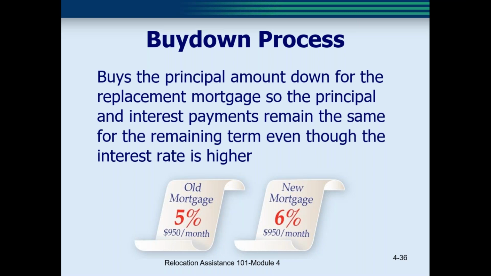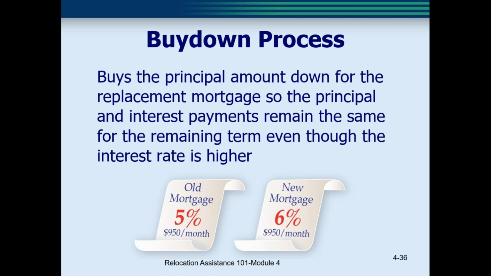In other words, to make it a little simpler, the increased interest payment is the amount needed to reduce the new mortgage on the replacement site to an amount that results in the same monthly payment as at the displacement site property.